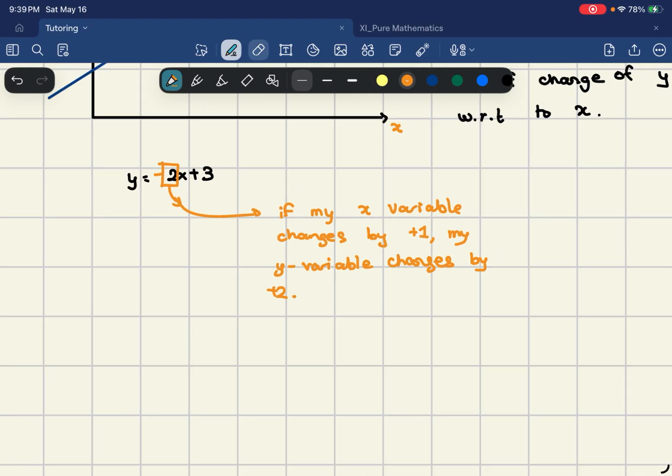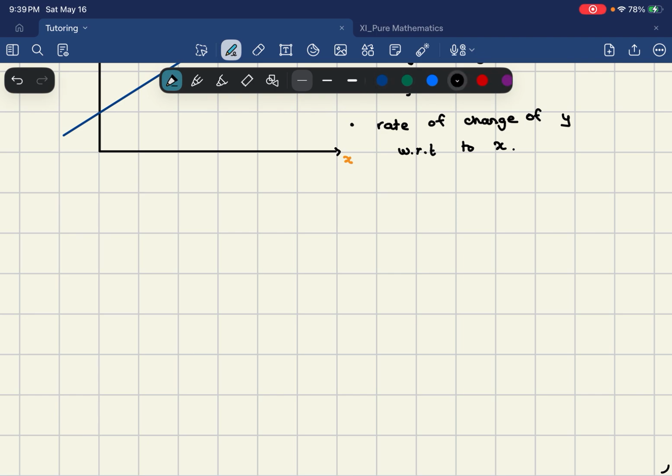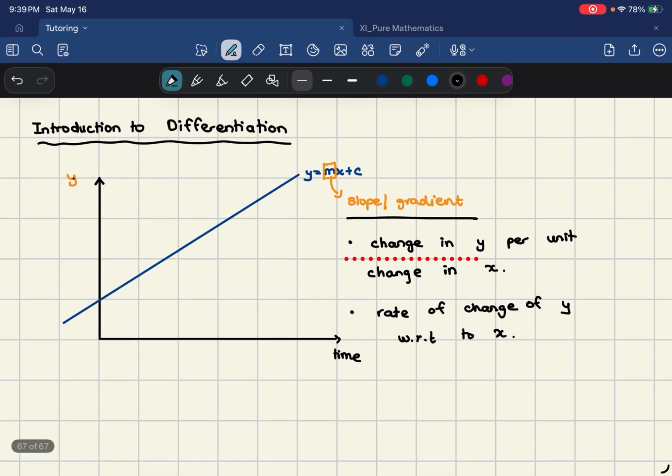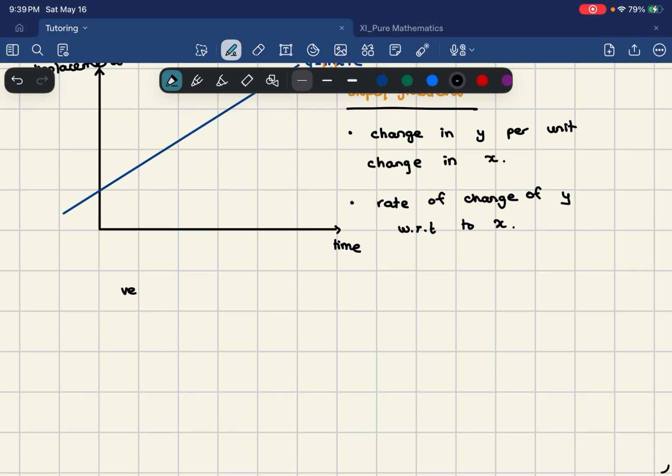All right. So now let's look at a more practical example. If I had time on my x-axis, and something familiar, let's say displacement on my y-axis, then the slope of this displacement-time graph is going to be my velocity.